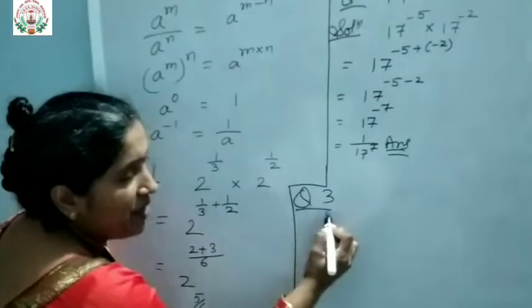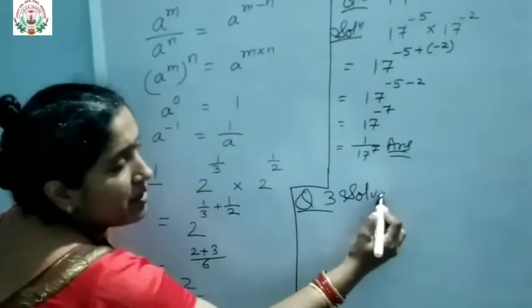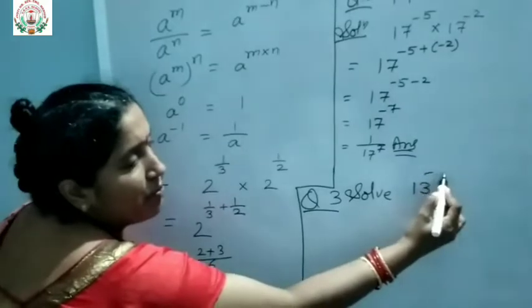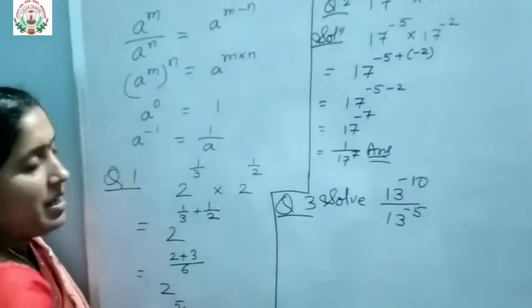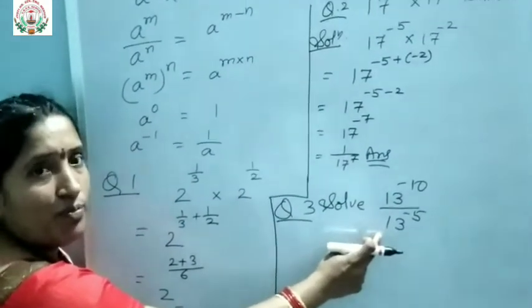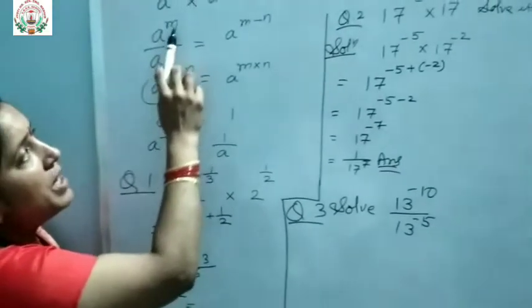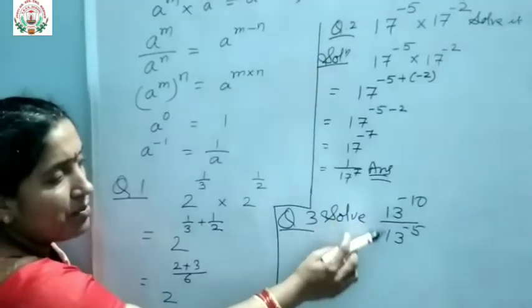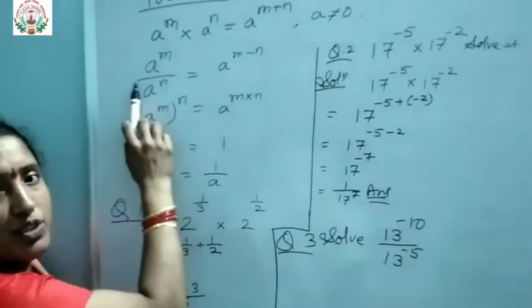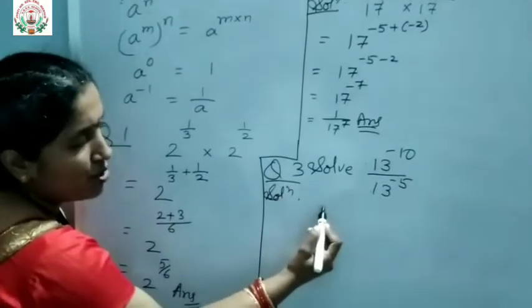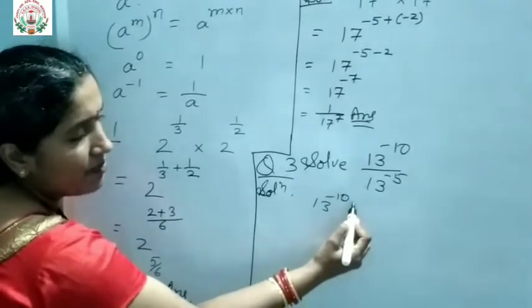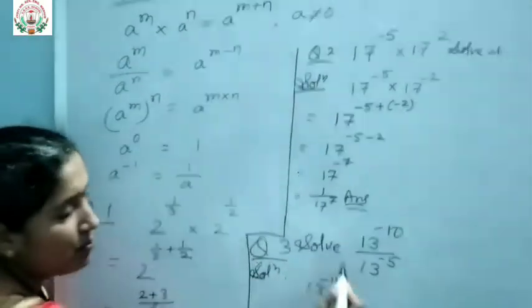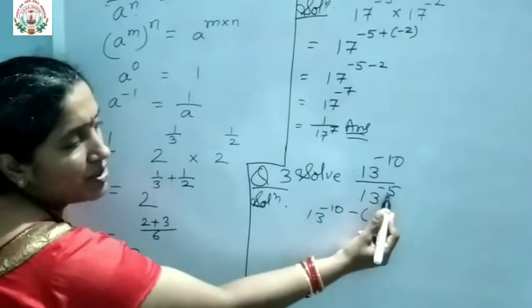Question number 3. Now solve 13 to the power minus 10 upon 13 to the power minus 5. You can see this is in division form. Already we know the formula a to the power m upon a to the power n, because both bases are the same, so we will use this formula here. Solution: 13 to the power minus 10, minus n.